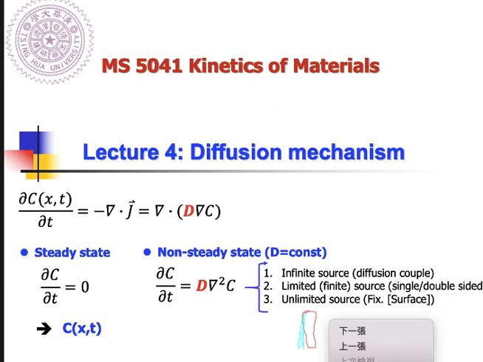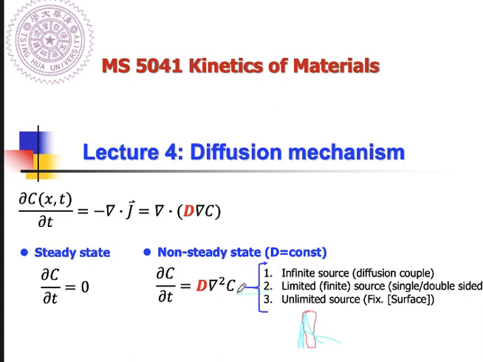So as you remember, the solution for the concentration profile of this diffusing atom probably will be shown like this at T1, and probably at T2 will be like this, right?